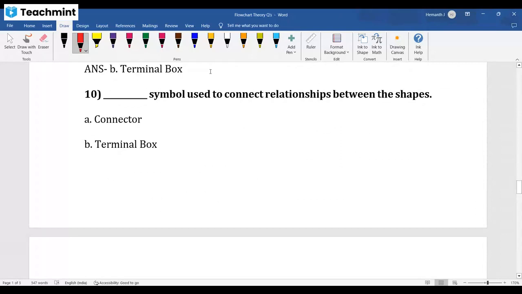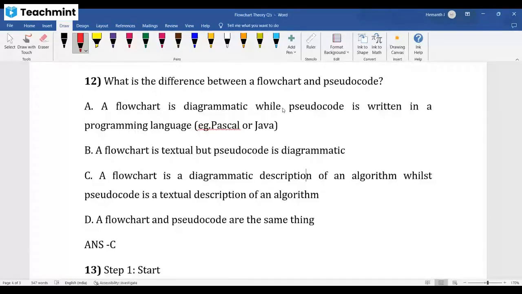Difference between a flowchart and pseudocode. This is not given in the questions we discussed. Here you can see, flowchart is diagram oriented or visual oriented. Flowchart is not textual. Pseudocode is not written in a programming language.